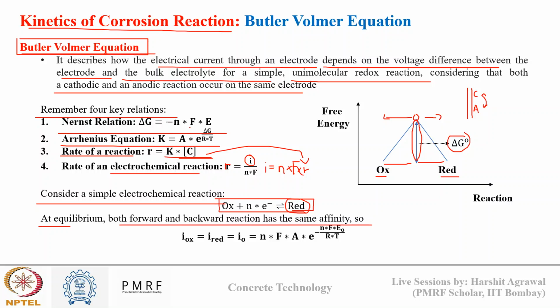Instead of k, I will substitute the Arrhenius equation factor. And instead of delta G, I will place minus nFE. So when we substitute all the relationships in this equation, we get the current density for the forward reaction equal to the current density for the backward reaction, equal to nFA e to the power minus nF eta naught upon RT. So this is a general representation of how these four equations combine.